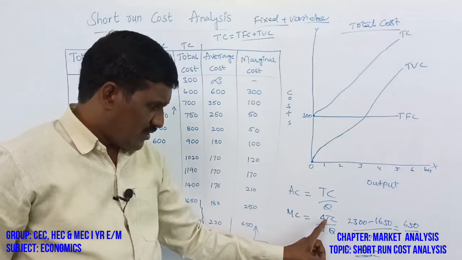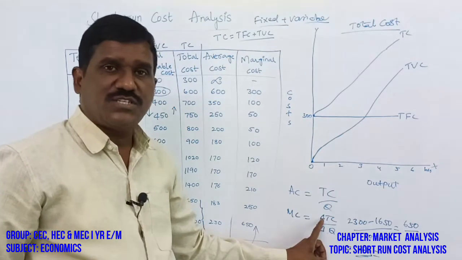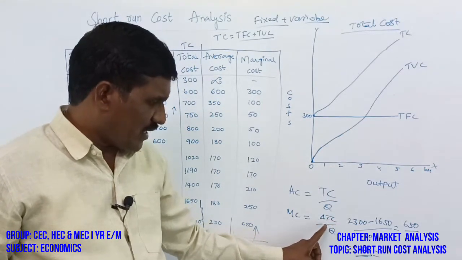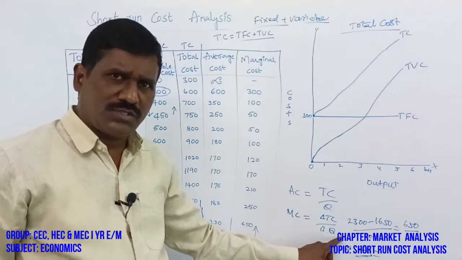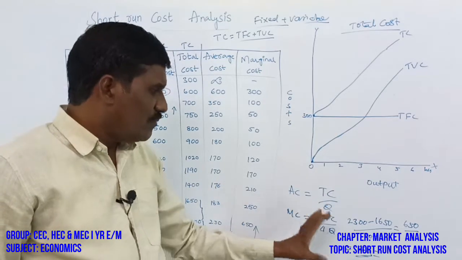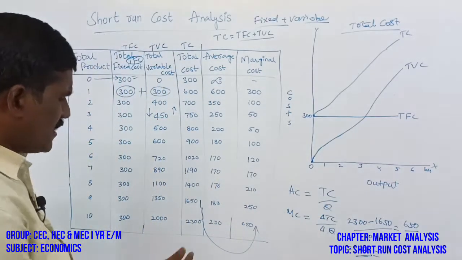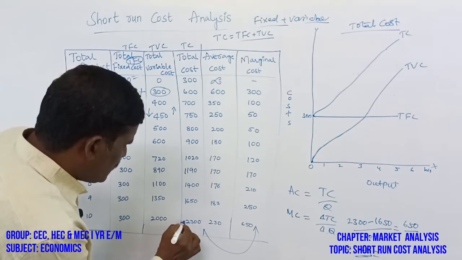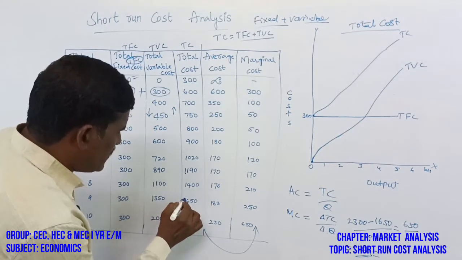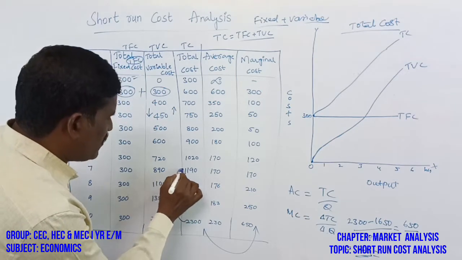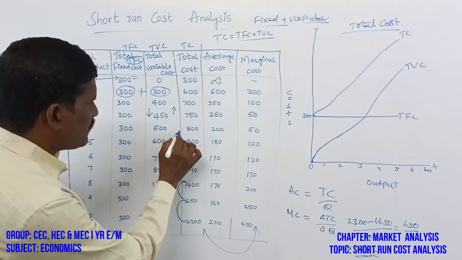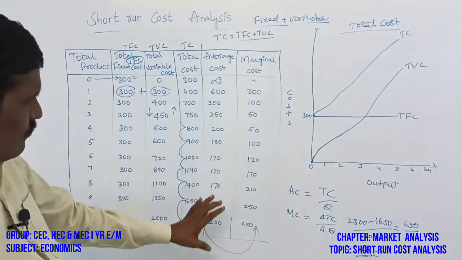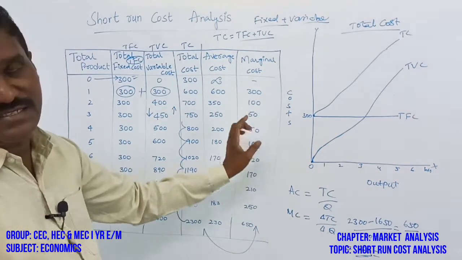By the change in total cost divided by the change in quantity. This is the formula to find the marginal cost. But generally we can find it easily: 23 16 difference, 16 14 difference, 14 11 difference. So this is the way to find the marginal cost.